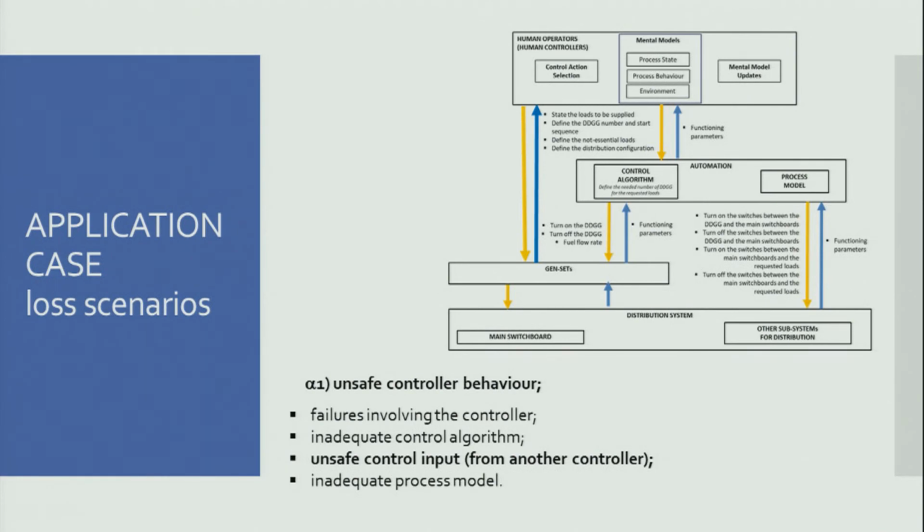The unsafe controller behavior can be related to failures involving the controller. So maybe the automation has a failure. Maybe the automation has an inadequate control algorithm. What we selected is that the automation received an unsafe control input from another controller, because we want to speak about human elements. And then inadequate process model.